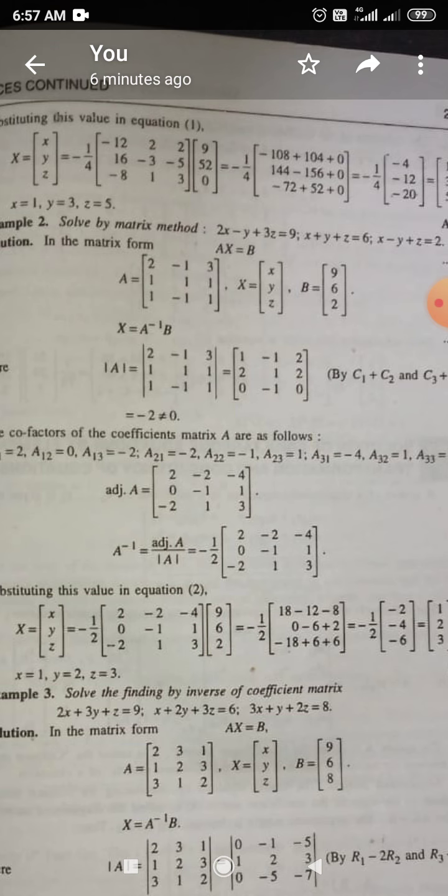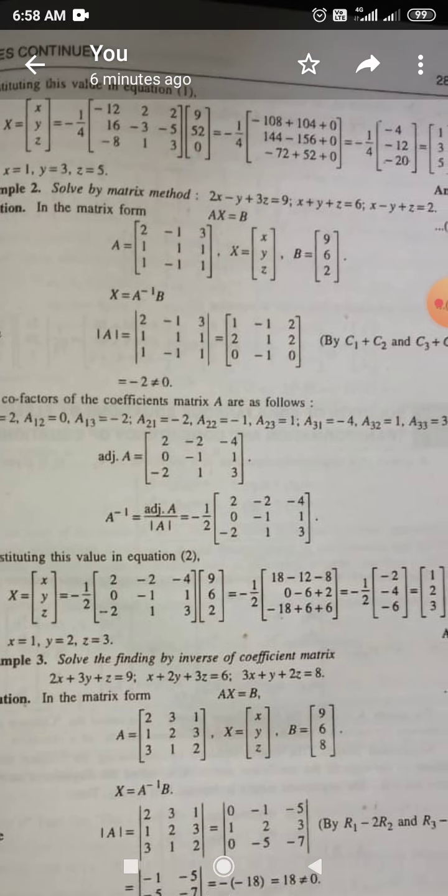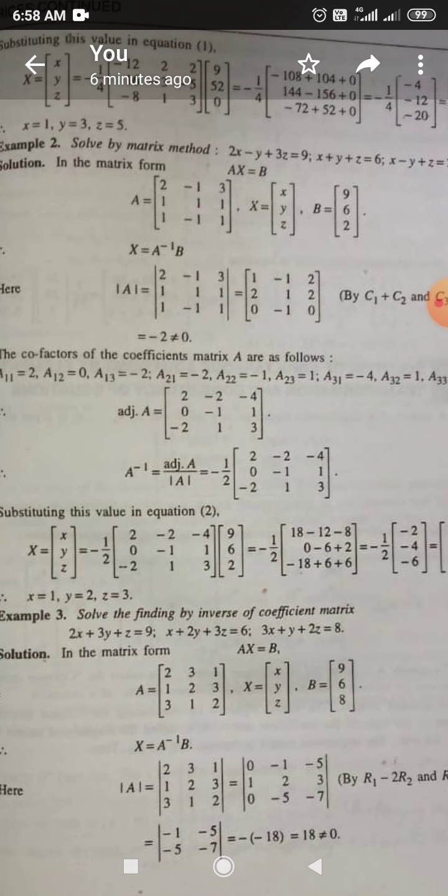After transposing the matrix you get 2 minus 2 minus 4, 0 minus 1 1, minus 2 1 3, and it is the value of the adjoint of matrix A. Dividing by the value of determinant A, it becomes minus 1 by 2, times 2 minus 2 minus 4, 0 minus 1 1, minus 2 1 3.